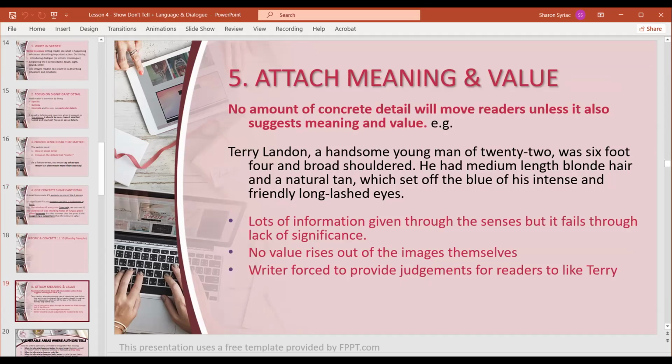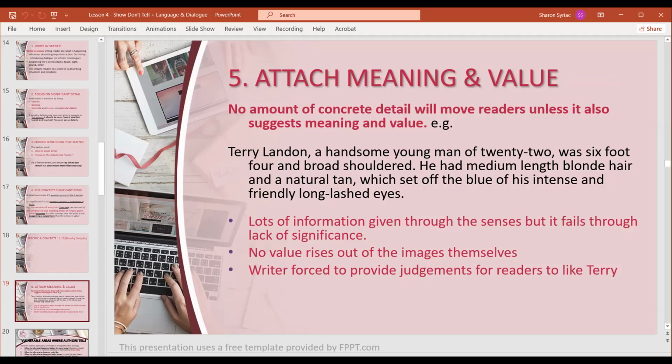No value arises out of the images themselves. So it is not a good description at all. There is no meaning or value attached. The writer is trying to force readers to like Terry. Not a good idea.